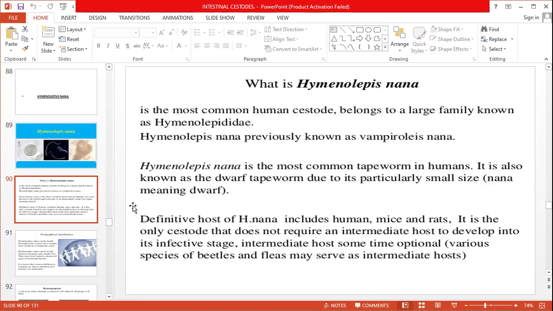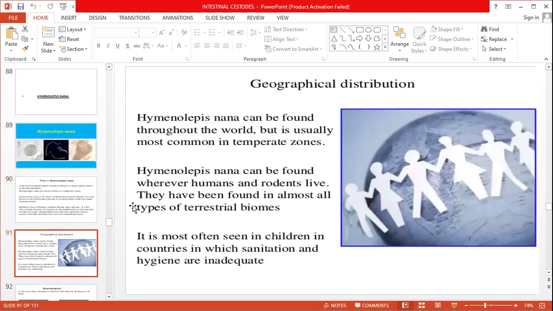It is the only cestode that does not require any intermediate host to develop into the infective stage. Geographical distribution: H. nana can be found throughout the world, usually most common in temperate zones.